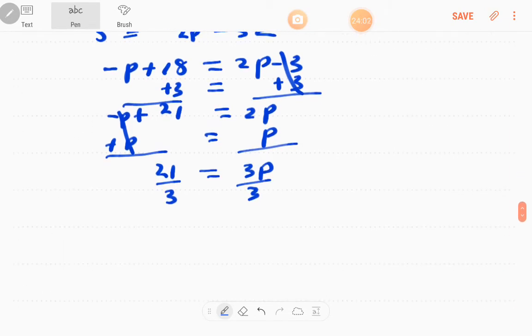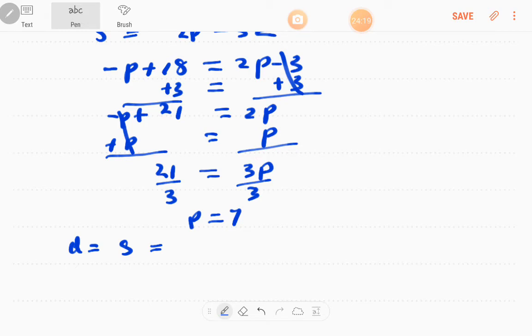So the price is actually 7. For the quantity, let's use the supply, since demand and supply are the same here.